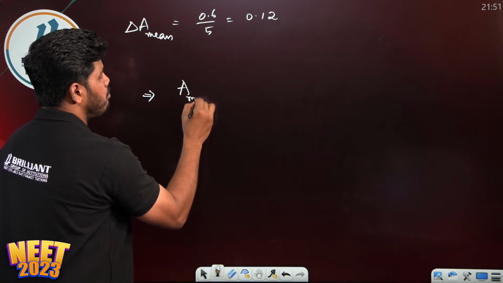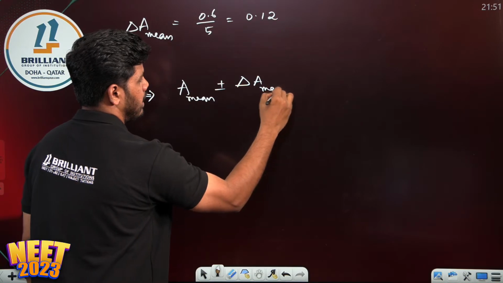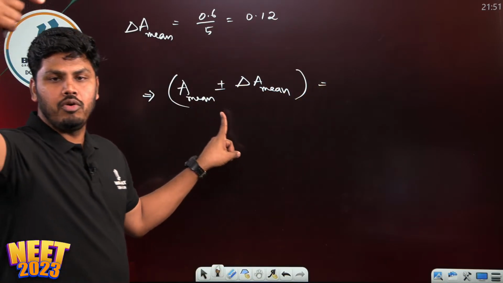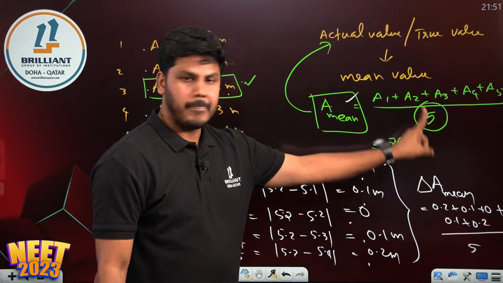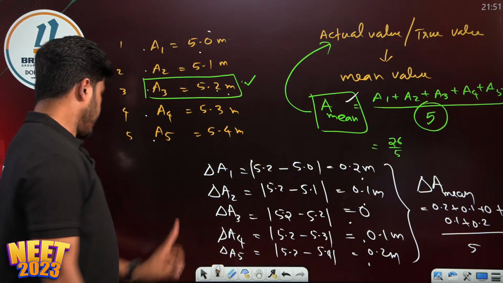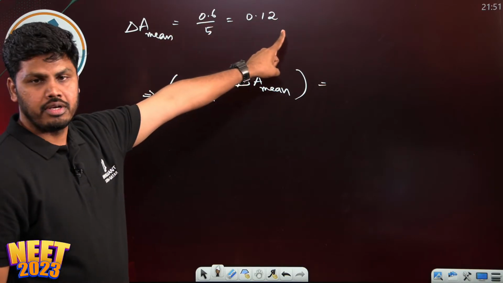Now, that physical quantity, length of the board, can be represented as A mean plus or minus delta A mean. I hope you remember what these terms are. A mean is the mean value of all the measurements, which is considered to be the true value, which we calculated as 5.2. Then the delta A mean is 0.12.